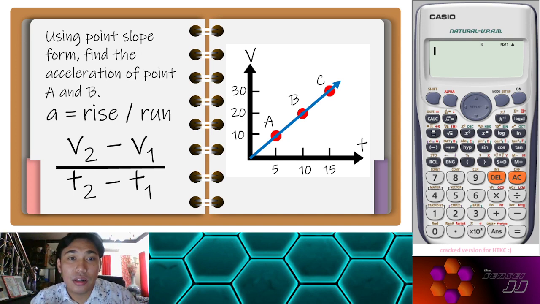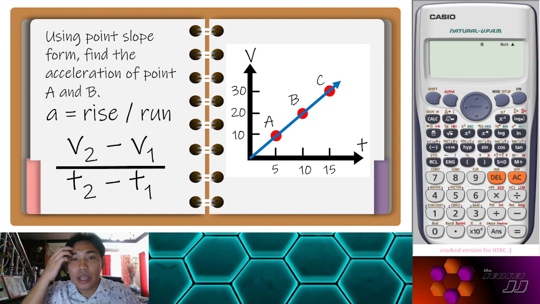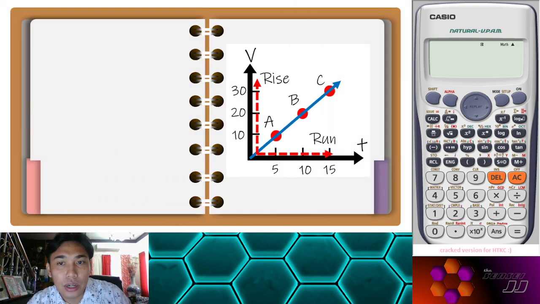Our rise here is our velocity and our V2, or point 2, is B, and our V1 is point A. The same goes for T2 and T1. Our T2 is B and our T1 is A. So we still have the rise over run.